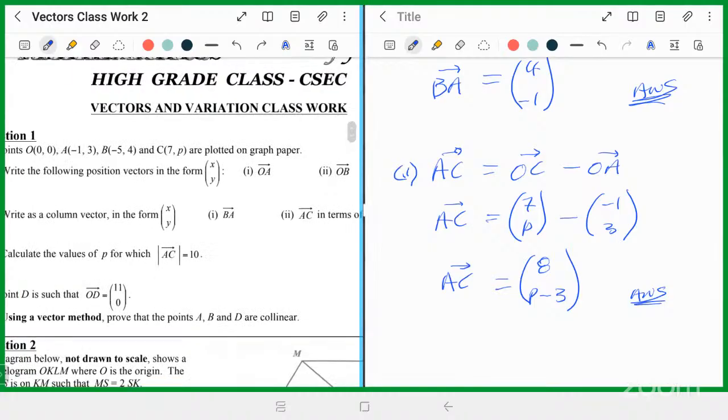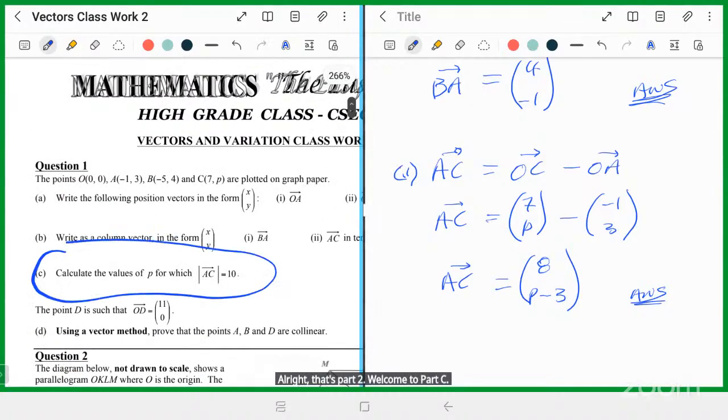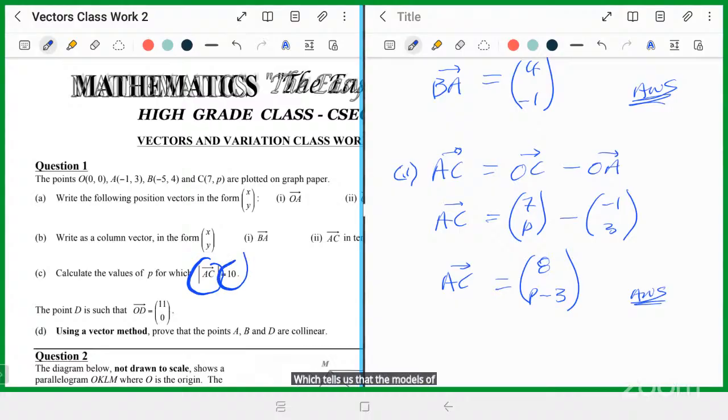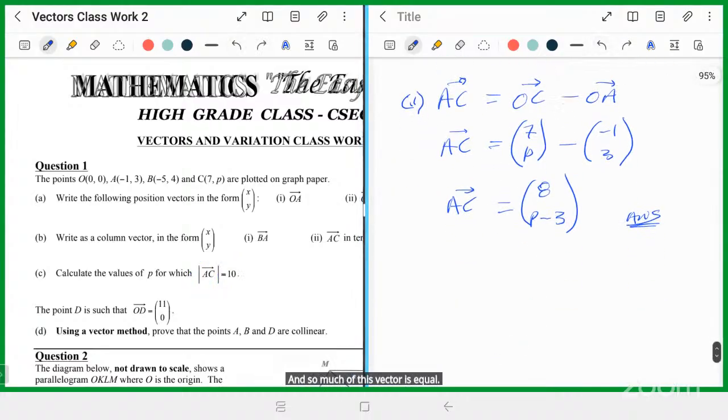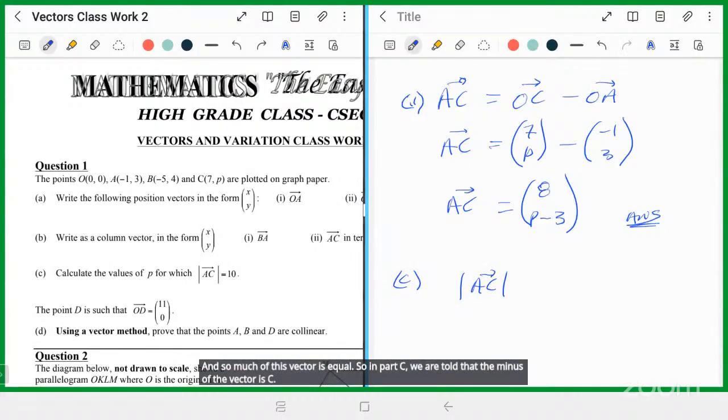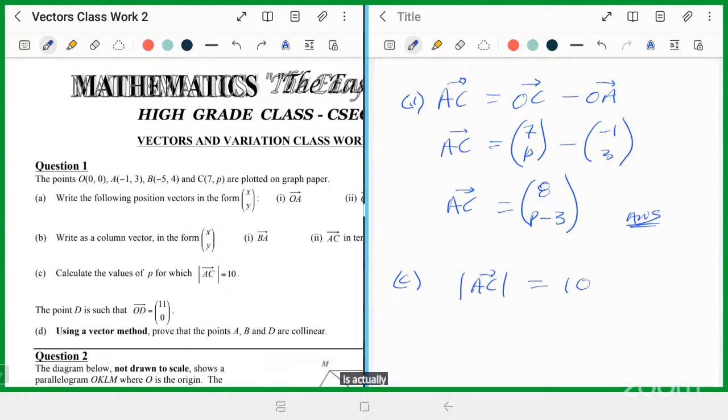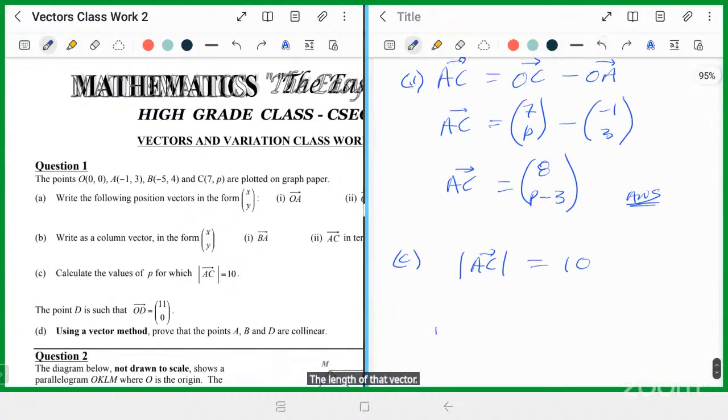Then we'll come to part C, which tells us that the modulus of AC is equal to 10. Modulus is the length of this vector. The length of that vector is the square root of this value squared and this value squared.